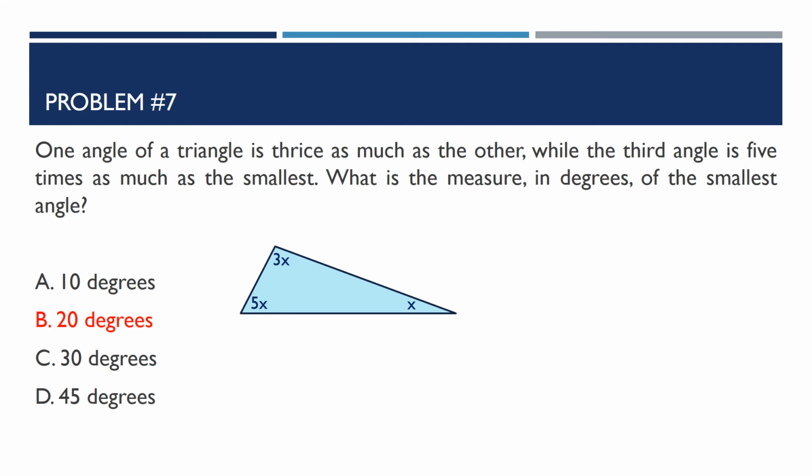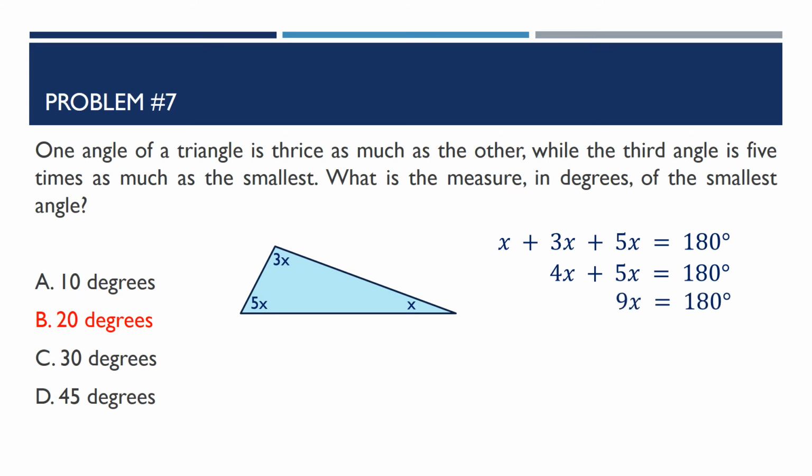And then what is the measure in degrees of the smallest? In short, what's the value of x? We know that the sum of the interior angles of a triangle is 180 degrees. So let's add all those angles, x, 3x, and 5x, and then solve for x. We can combine x and 3x, that's 4x, and 4x and 5x, that's 9x.